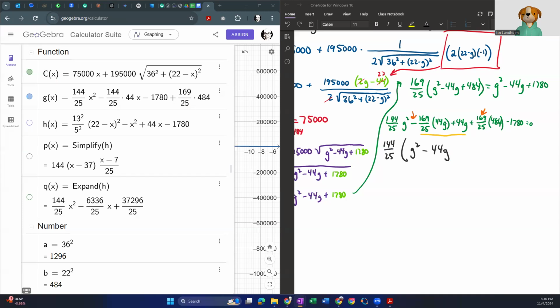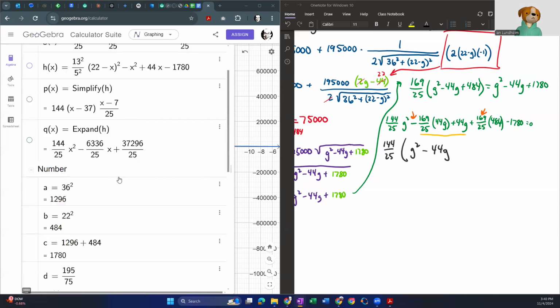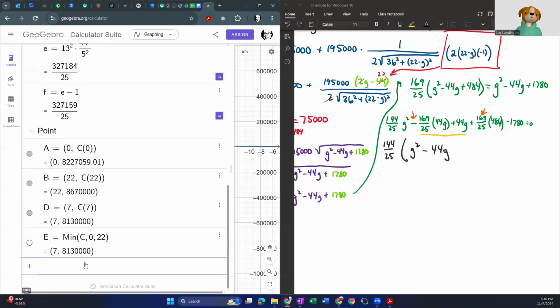And then the one over on the right-hand side, it's going to be whatever 37 times 7 is. Let's do that real quick. 37 times 7, 259. Excellent.